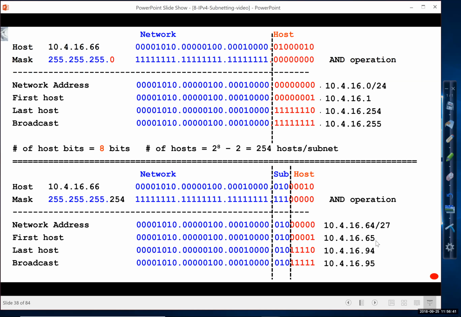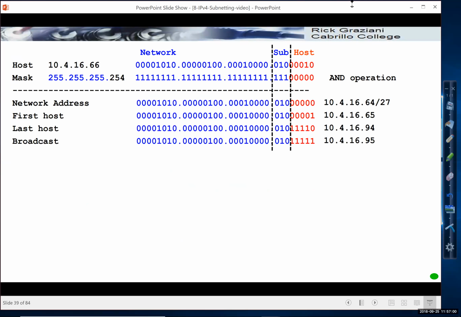The first host on that network is .65, the last host .94, the broadcast .95. And we can see that this host 10.4.16.66 is a member. It's in the range between .65 and .94.